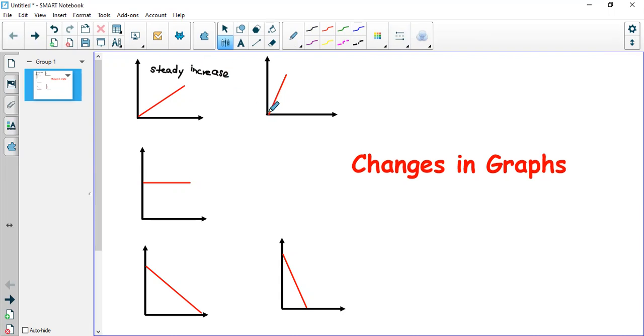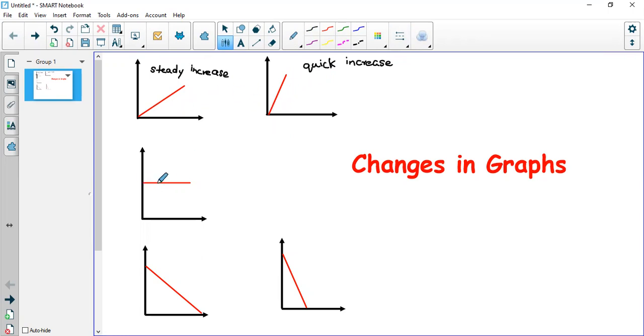But when the line is a steeper one, this shows a quick increase or a rapid increase. Another word for rapid is quick. So wherever there is a quick increase, the line will be a steeper one like that. The flatter ones show a steady increase, and the steeper ones show a quick increase. So that's the difference between both the increases.